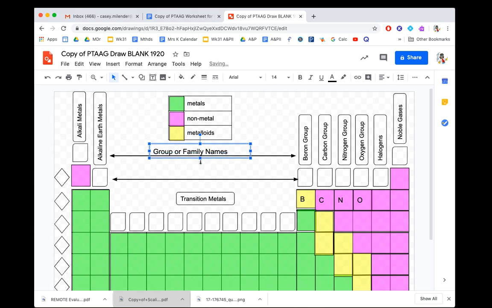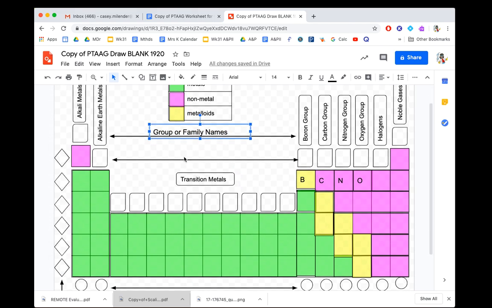All right. So now let's go to this next one. This next arrow is actually, instead of group or family names, group or family numbers. On many periodic tables, you'll see these group and family numbers are indicated by Roman numerals, but on most of them, more modern ones, they're not.